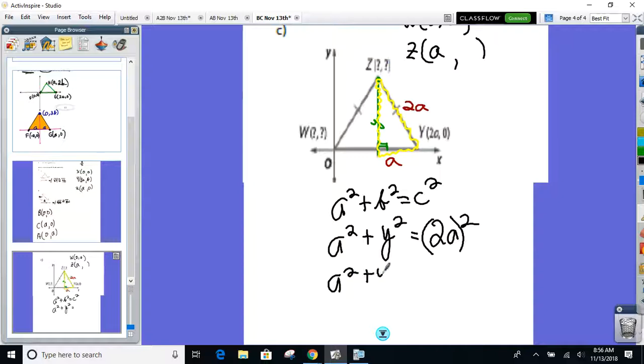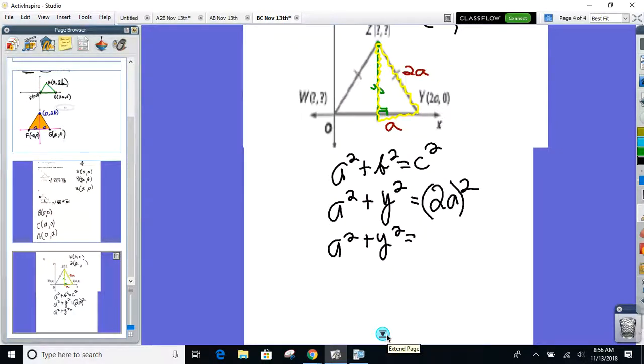A squared plus Y squared equals, anybody? 2a all squared? 2a times 2a. Oh boy. 2a times 2a is 4a squared. A little honors level here, I know. All right, your next move?